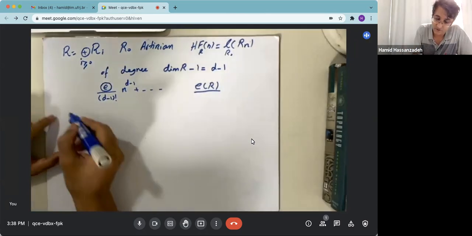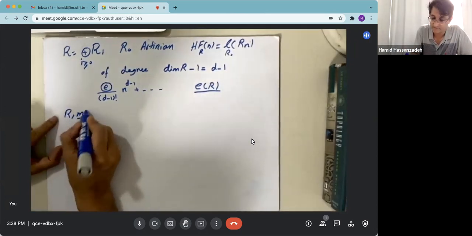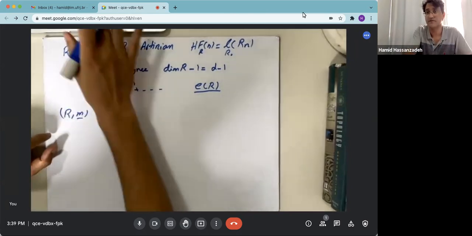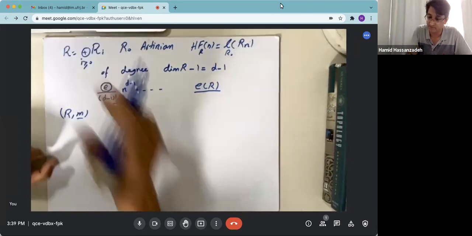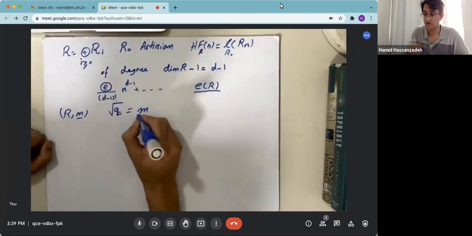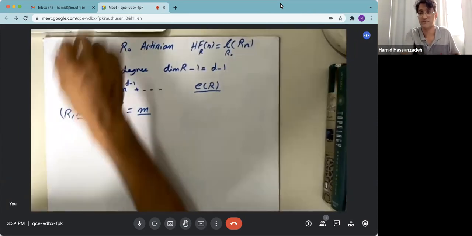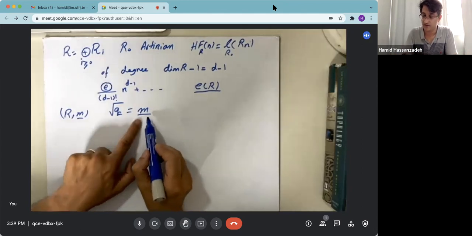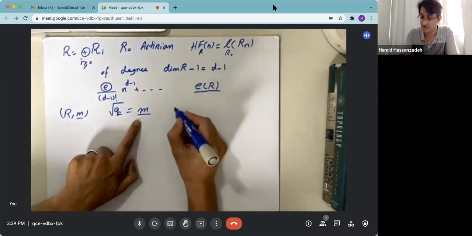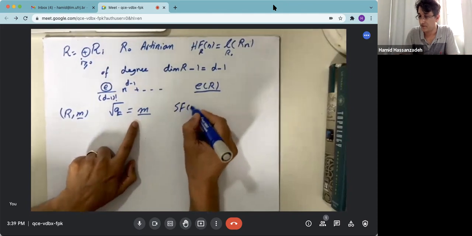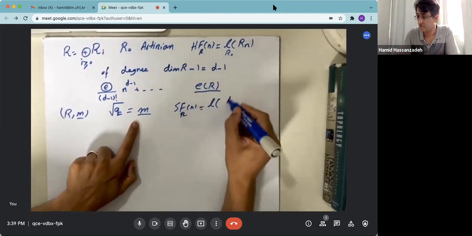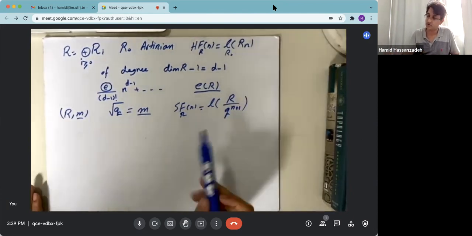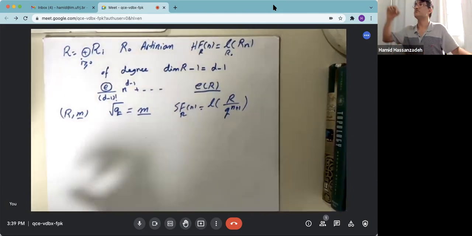So then for a local ring, Samuel defined, we say that an ideal is a parameter, is an ideal of definition if the radical is m, and then Samuel defined the Samuel function to be the length of this finite length module.